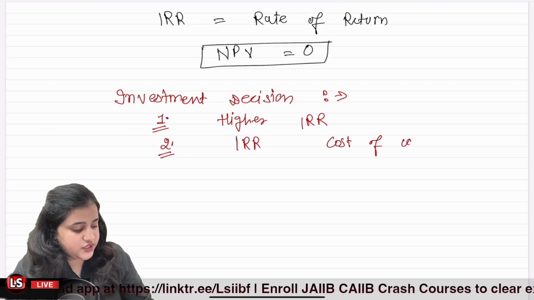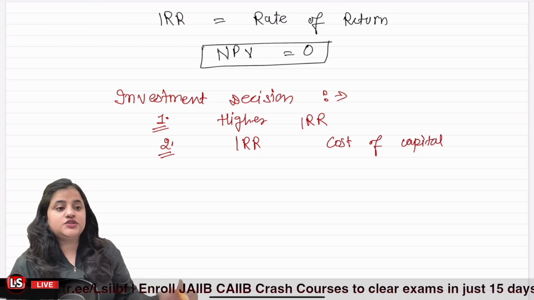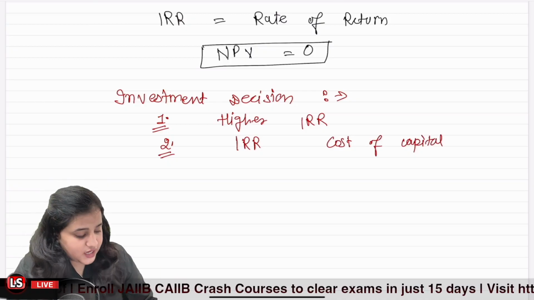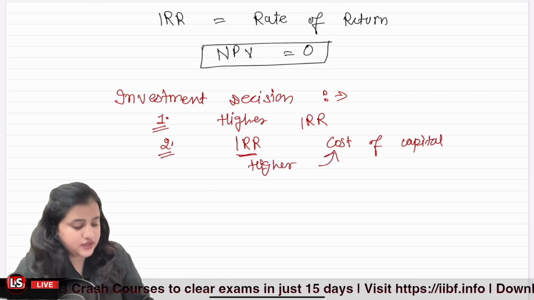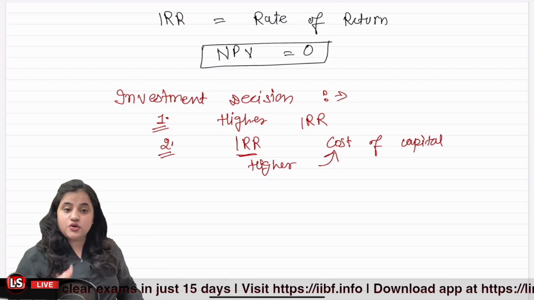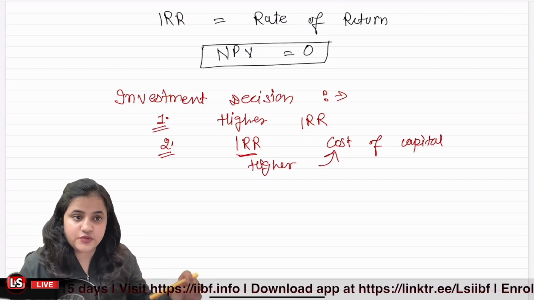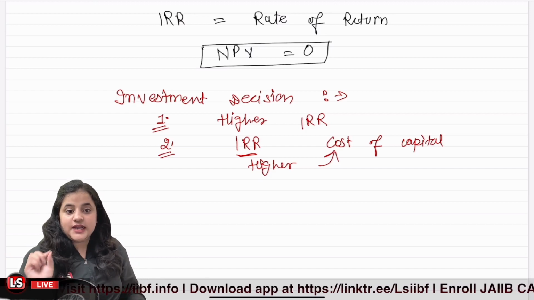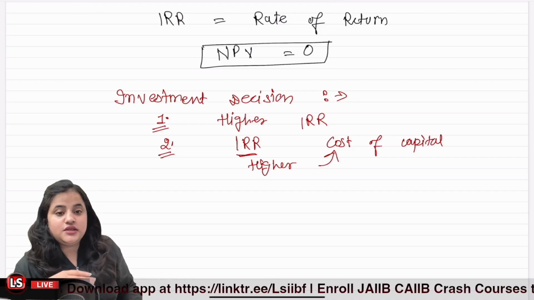You remember we calculated cost of capital because each source of fund has its own cost. So wherever the IRR is higher than your cost of capital, it means that project is going to be profitable for you because your cost is lower, your return is higher. Ultimately, you are going to make the profit. So that is the concept of internal rate of return in making the investment decision.